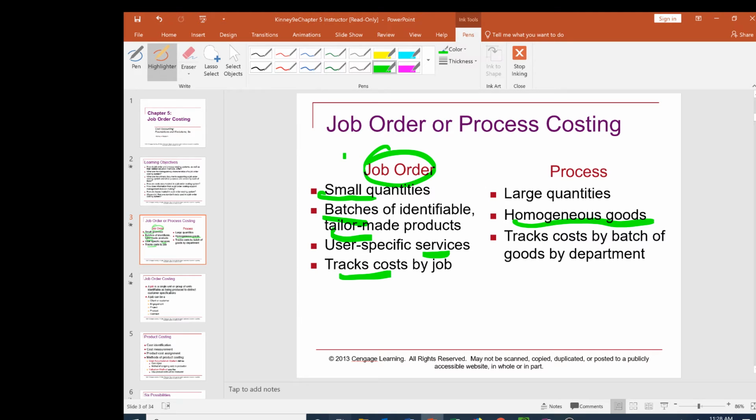Construction is job order. When they order this dorm built down here, that'll be job order. The plans will be for that job, and that will be for Bluefield State. When they're doing a piece of construction on the highway, that's job order. If you see a house being built, that's job order.